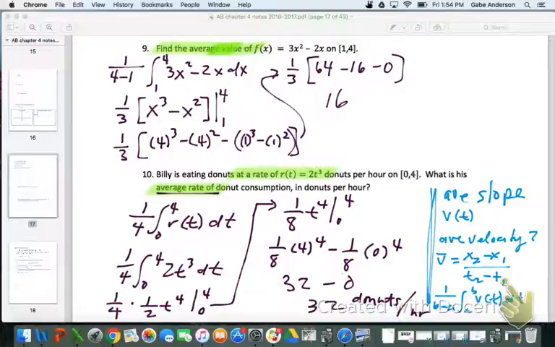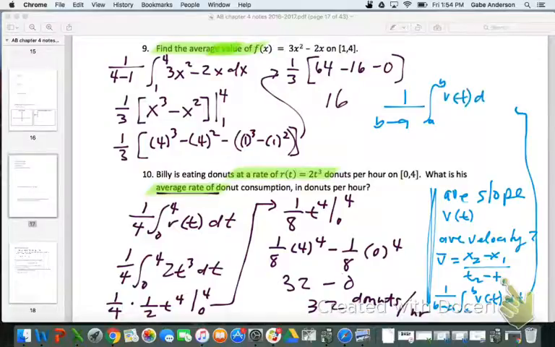So here's what I'm talking about. 1 over b minus a, integral from a to b of v of t dt. I want to make these two connections here. From before, do you remember what the antiderivative of velocity is? It's a position function.